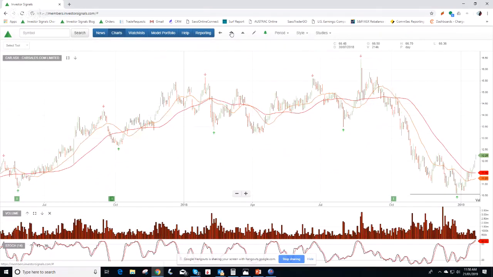Carsales. So this is a stock that I like. I commented on the blog at the end of December that at around $11 the stock was good value. We had it as a strong buy conviction on the blog. The stock's now trading $12.25. Look, Carsales delivers about 8% earnings growth. It's on about a 4.5% dividend yield.